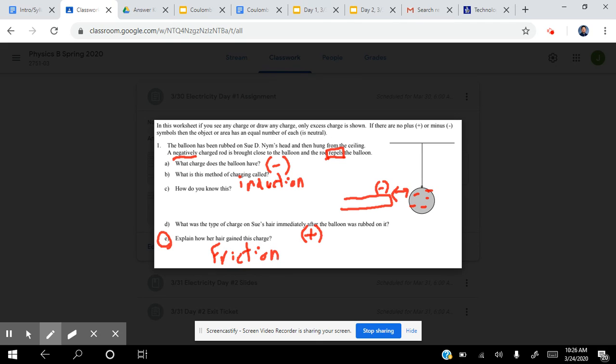So what's happening there is all the electrons from her hair are jumping onto the balloon. So since she has a lack of electrons in her hair, she has a net positive charge in her hair, and the balloon has an excess of electrons, so the balloon has a net negative charge.